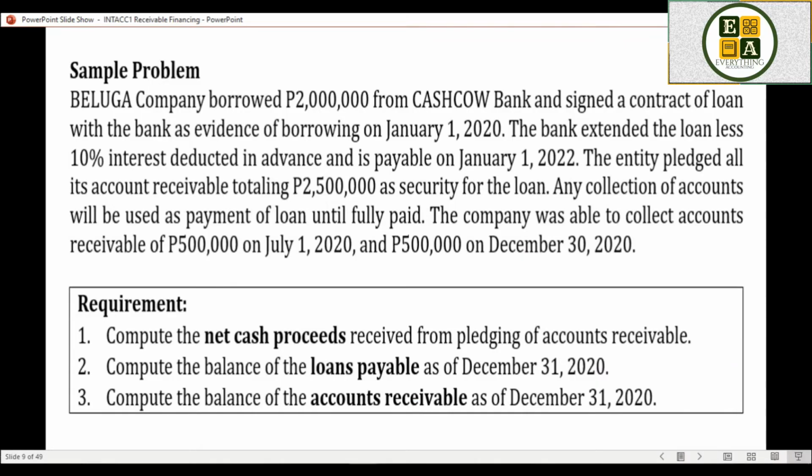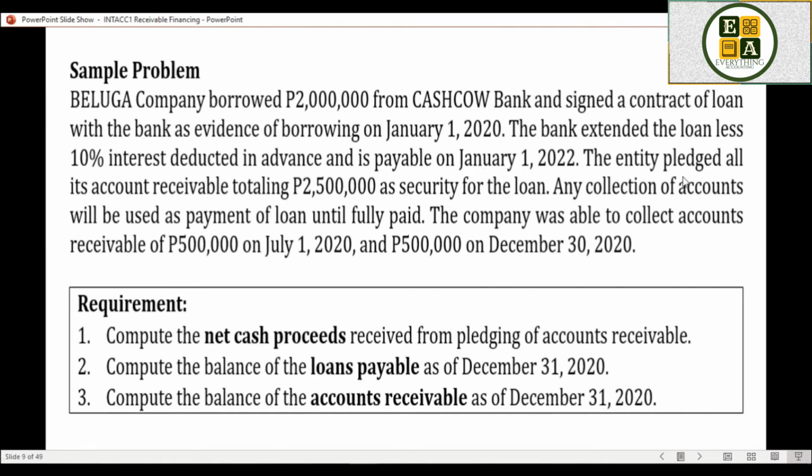So let us have this example. Bilogo Company borrowed 2 million from Cash Cow Bank and signed a contract of loan with the bank as evidence of borrowing on January 1, 2020. The bank extended the loan less 10% interest deducted in advance and is payable on January 1, 2022.